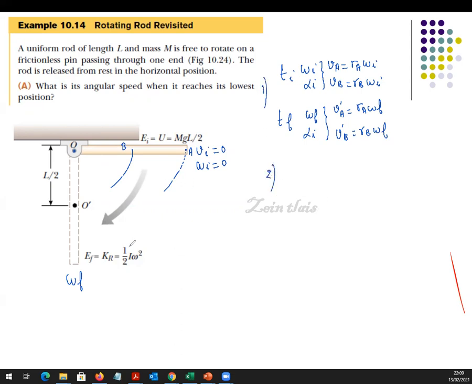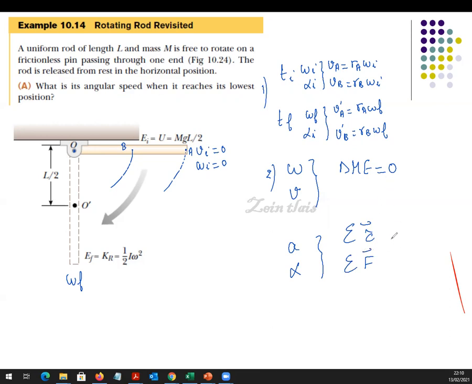If I ask you in general to calculate, for example, omega or V, I advise you to use the conservation of mechanical energy, delta mechanical equals 0. If I ask you to calculate, for example, the acceleration or alpha, I advise you to talk about summation of tau or summation of F. Okay, it depends on the problem.